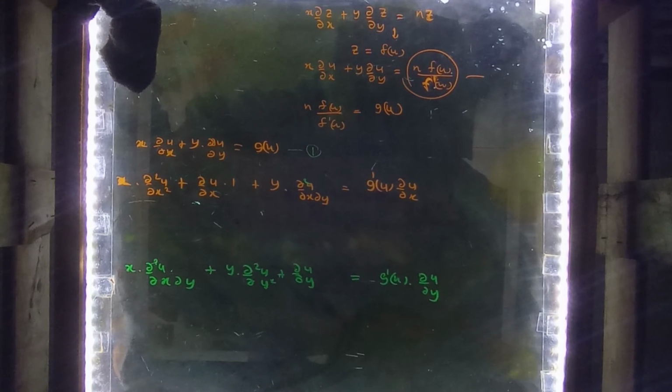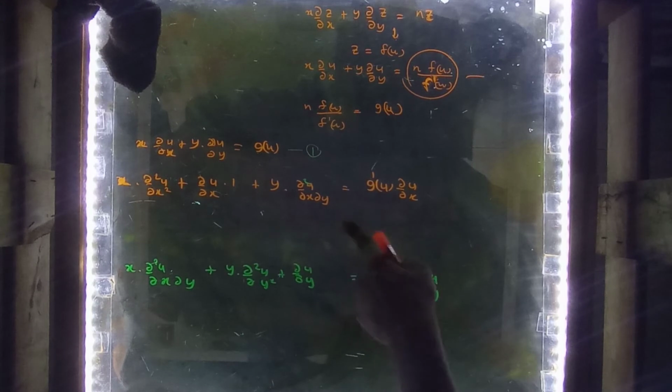Then if I'm going forward, we need to do a simplification here. Let me show you what that is. This can be taken to the other side and taken out as a factor.